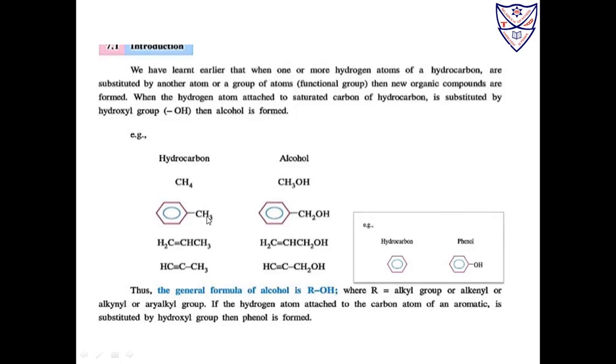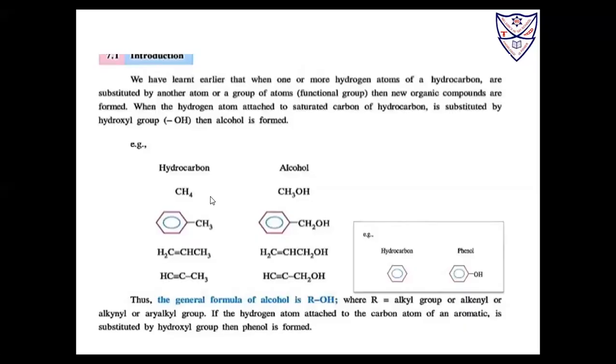When you replace the hydrogen with OH, it forms the benzene ring, CH2, and then OH. Here, this is a double bond, CH2 double bond CH3. When we replace the hydrogen here, it forms CH2 double bond CH2 and OH. In this way, when we add the hydroxyl group, we form the alcohol compound.